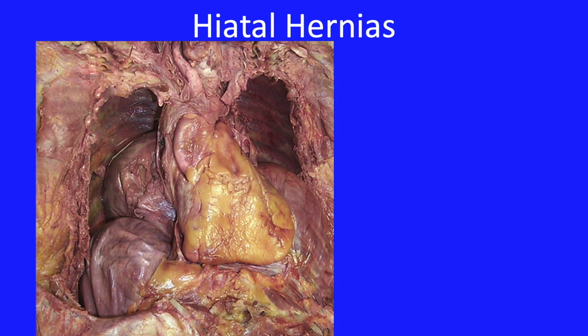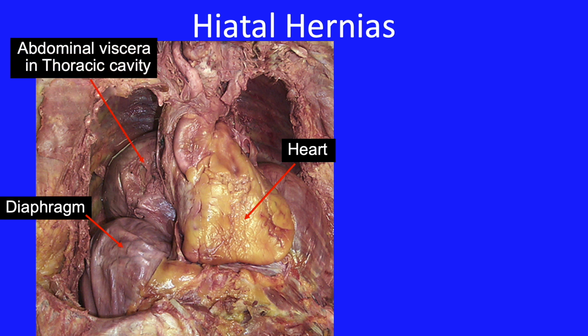Here, I show a different dissection of the thorax, but to the trained eye, one can immediately observe that something is amiss. Yes, the heart is in a similar location. The diaphragm is below the heart. But now there is something in the thorax that does not belong there: abdominal viscera.